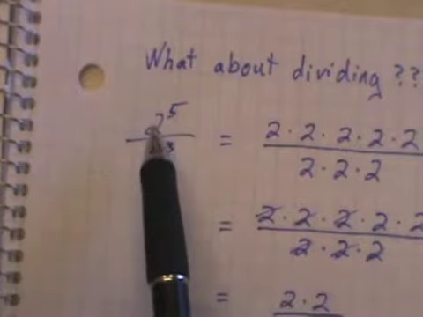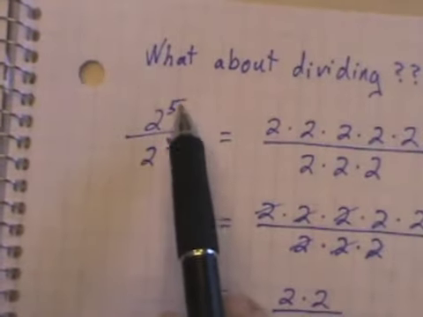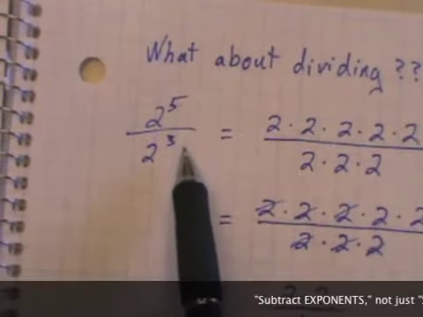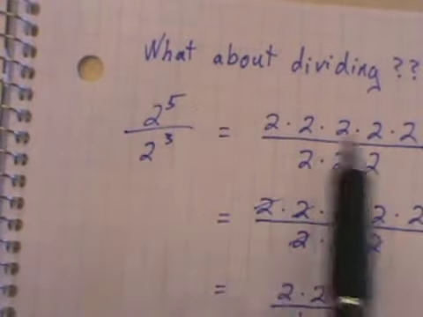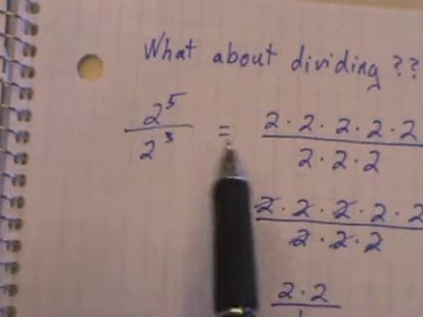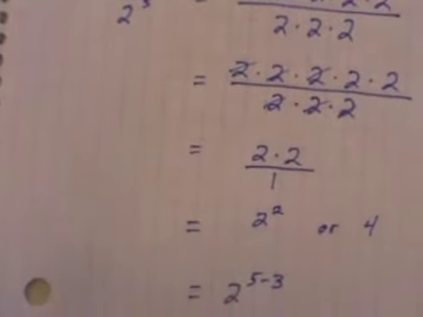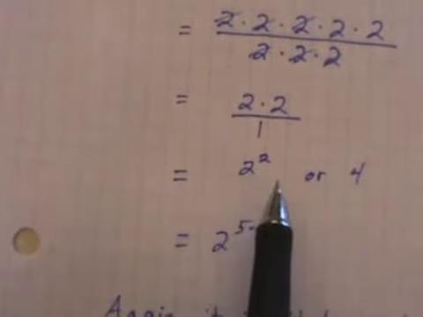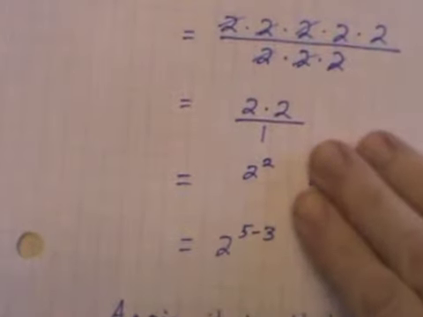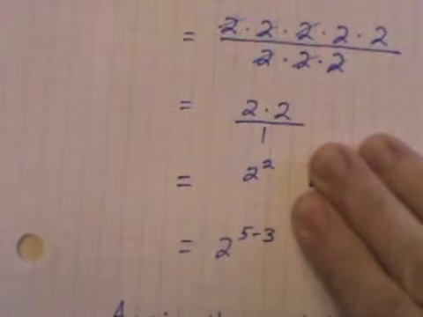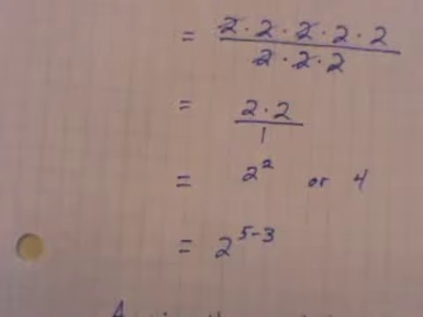When the bases are the same and you are dividing, you can subtract the denominator's exponent from the numerator's exponent. 2 to the 5th over 2 to the 3rd is the exact same thing as 2 squared. And I did write "or 4" here, but I would leave it as 2 squared when we're doing this kind of work. Don't bother to multiply it out.